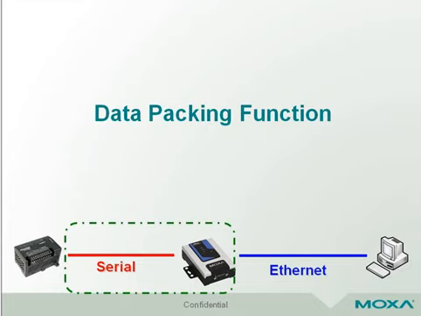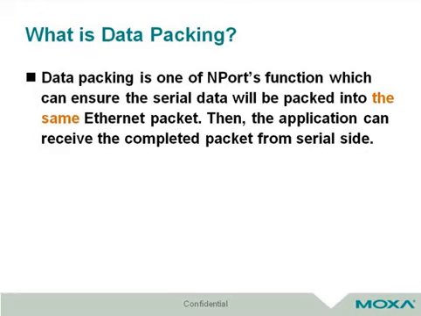To give you a brief concept, on the slide you can see the square between serial and NPort. It means data packing is a function that uses different packing ways at the serial side. The following slides will show you how to use the data packing function and when to use it at the right time.